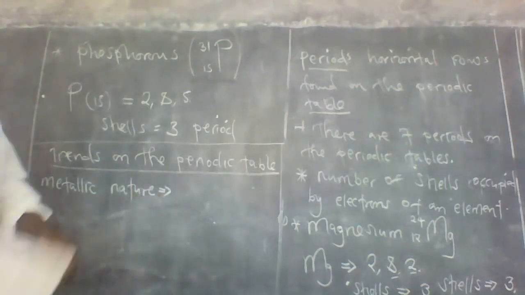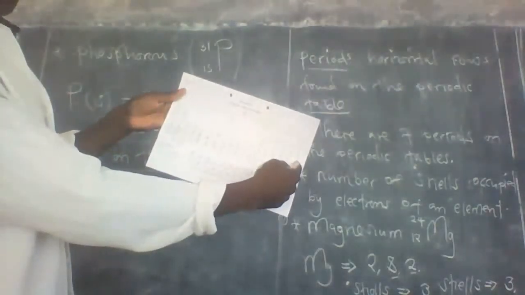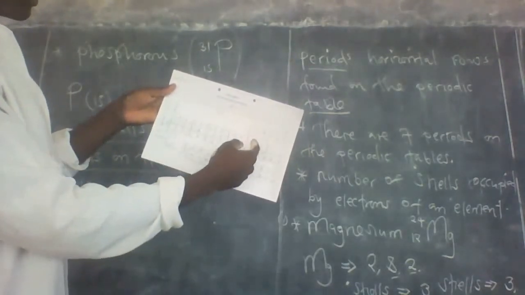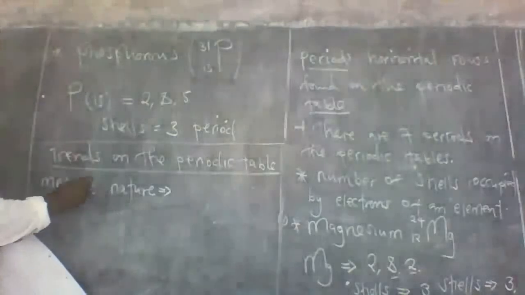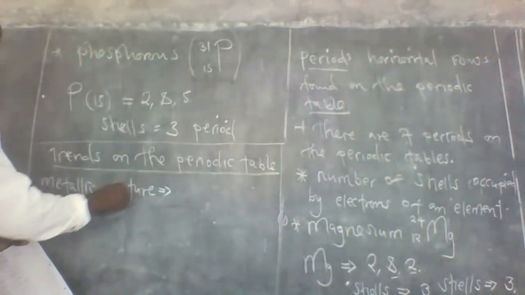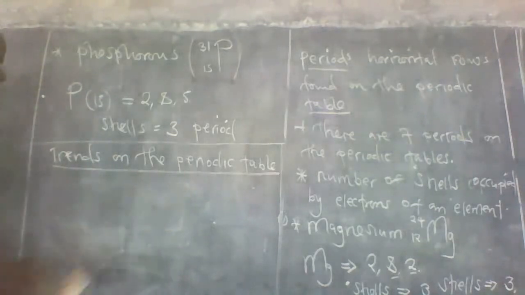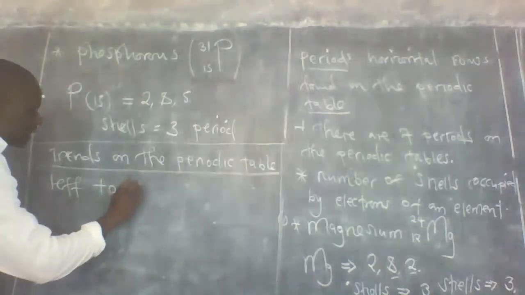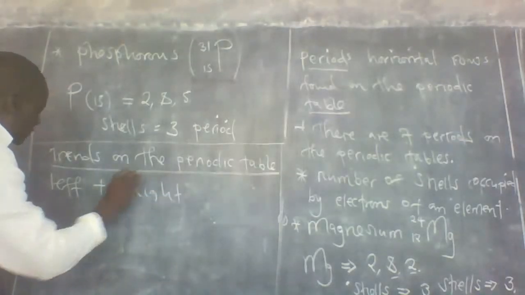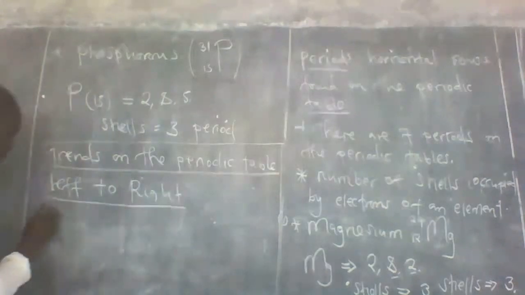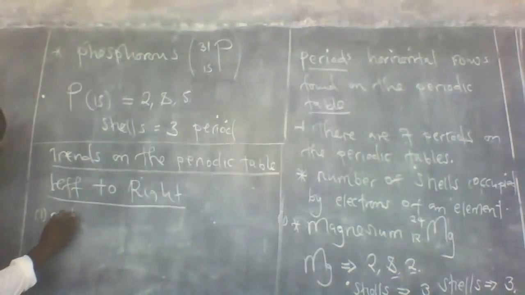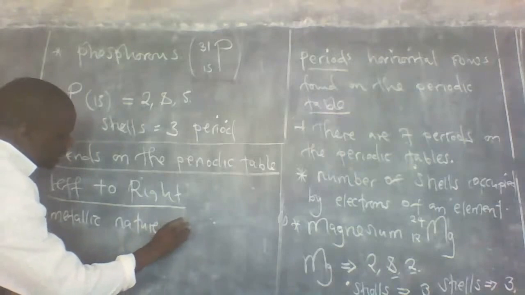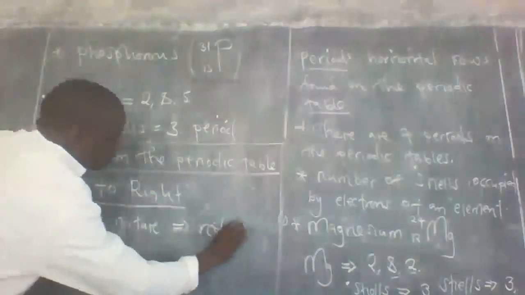Moving from the left to the right, you find that the metallic nature of elements reduces.